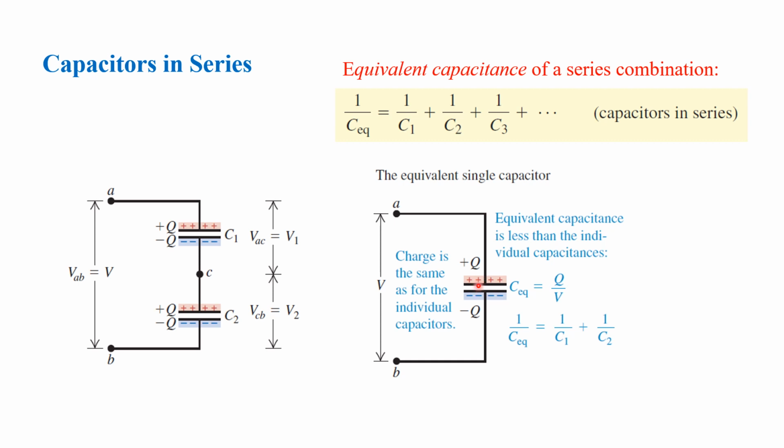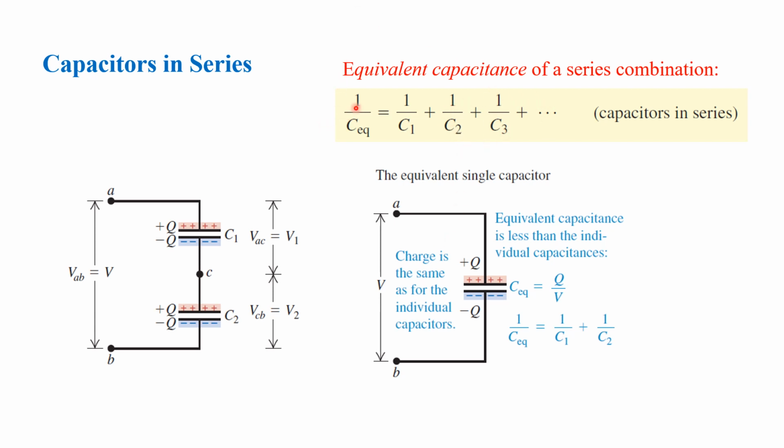And in this case, since we combine your two capacitors into one, you have what we call your equivalent capacitance, which is less than the individual capacitances. The equivalent capacitance of a series combination of capacitors is given by this equation.